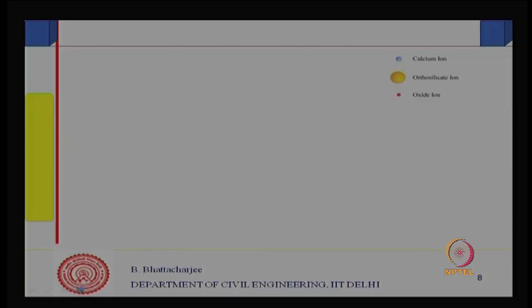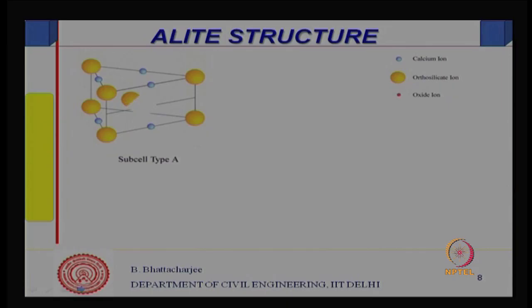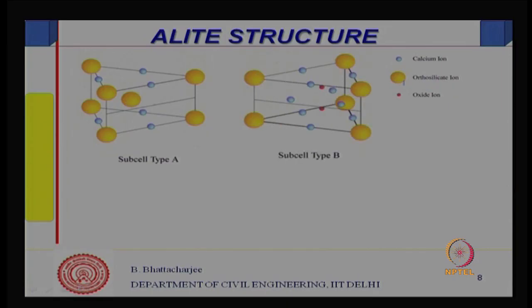So, let us look further into this tricalcium silicate or ALITE structure. You see, this has got subshells. These are the calcium ions, the SiO4 orthosilicate ion, oxide ion and calcium ion. They are arranged in subshells like this.